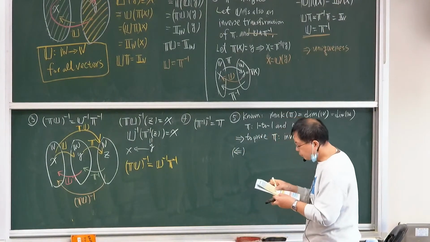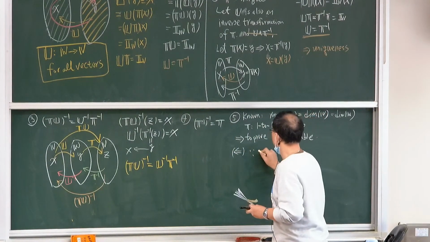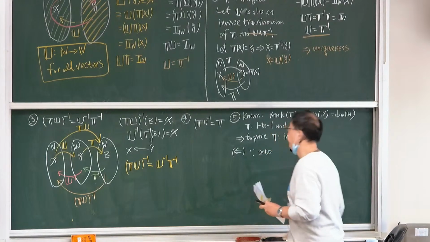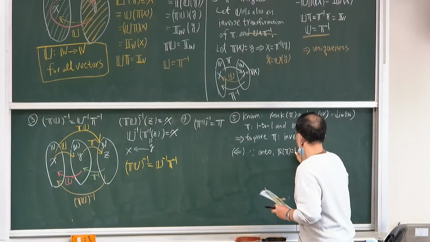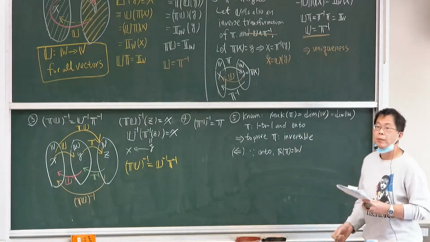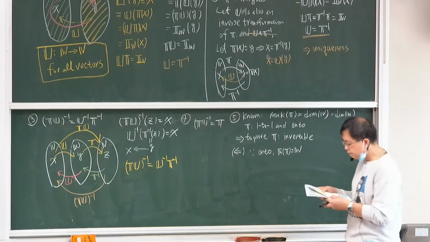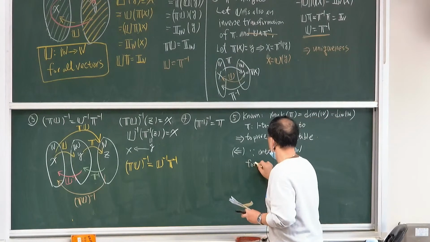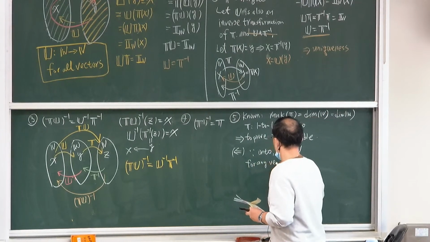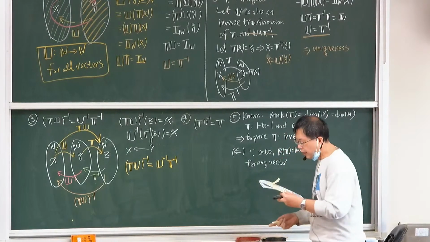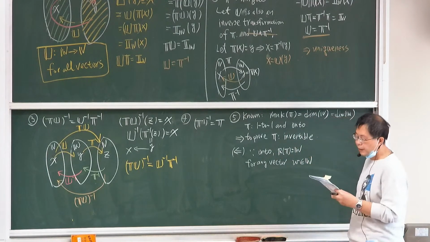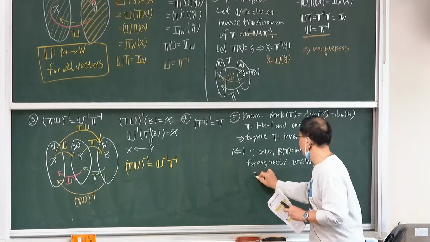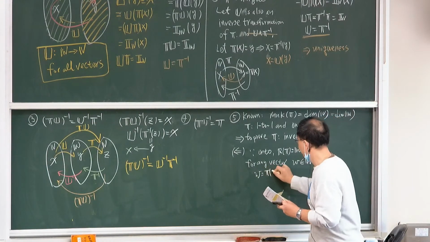Because of onto, we have range of T equals W. So for any vector w in vector space W, it can be expressed as T sub v.